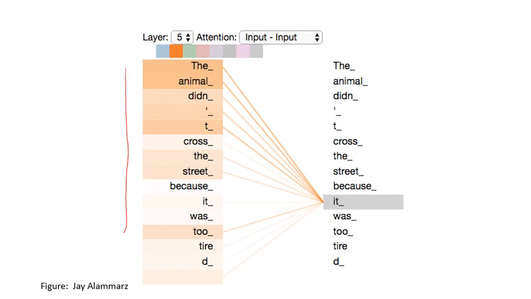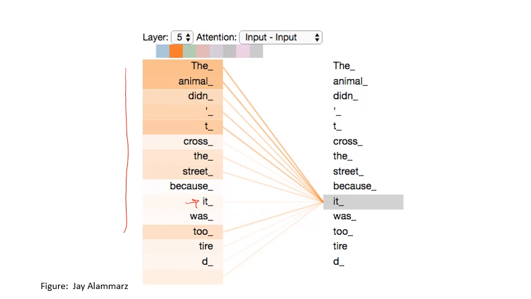When you read this sentence, you may think, okay, when the sentence says it, it refers to animal, but could it refer to street? Who was too tired? Street was too tired, or animal was too tired?